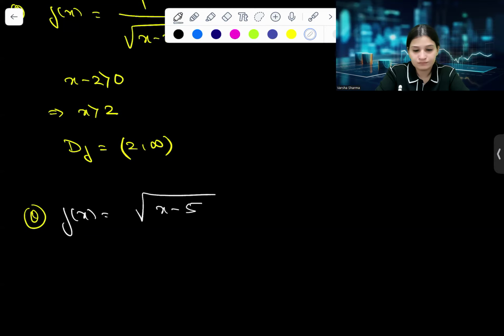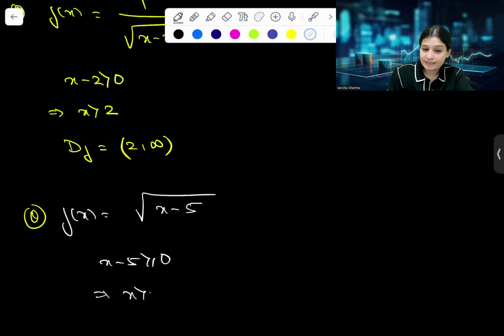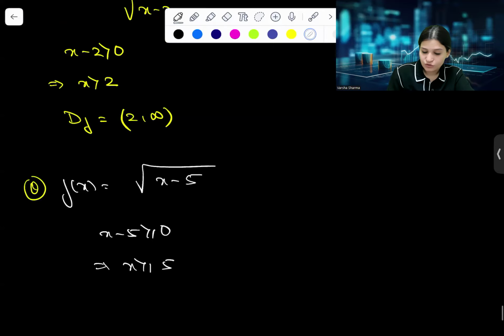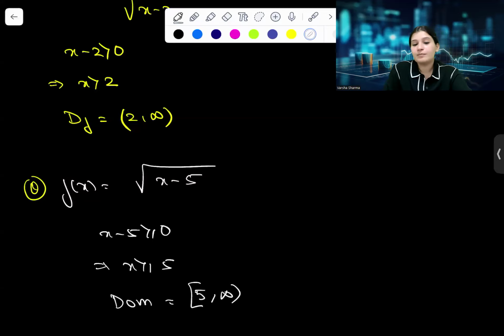Very good. So x minus 5 greater than or equal to 0, x greater than or equal to 5. So the domain will be 5 to infinity. I'm allowed to take 5 because if I take 5, I'm getting 0 under the root. I'm okay with it. Done?